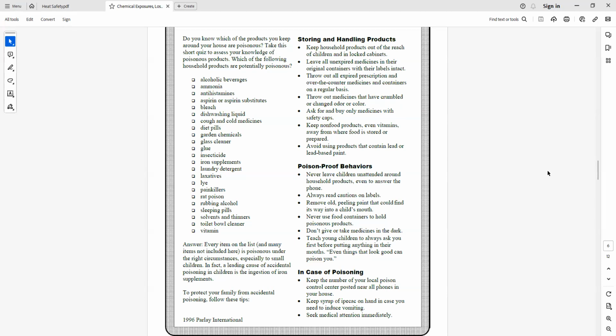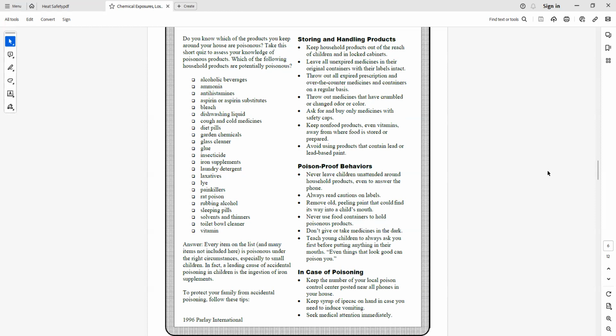Answer: every item on the list and many items not included here are poisonous under the right circumstances, especially to small children. In fact, a leading cause of accidental poisoning in children is the ingestion of iron supplements.